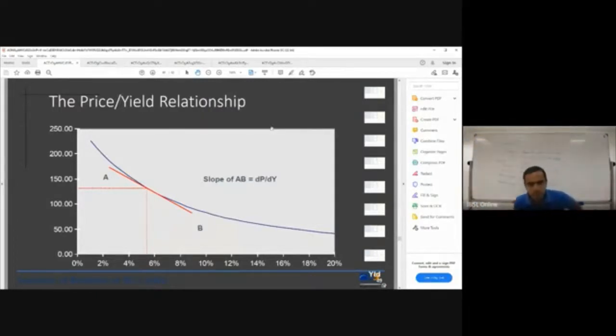So this is the bond price-yield relationship of a bond. If you observe carefully, you will see that this has a convex shape. It's a convex curve. And if you draw a tangent to the curve, you will get the duration of this bond.